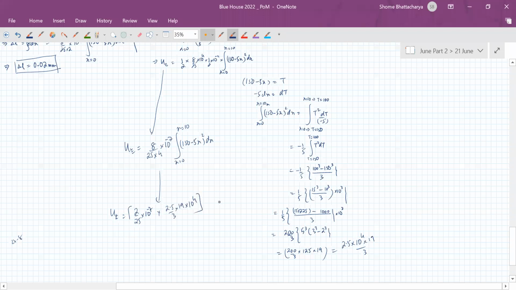So whatever this finally comes out to be, this is the energy stored in joules. So that will be 19 by 15, 10 raised to minus 3 joules.